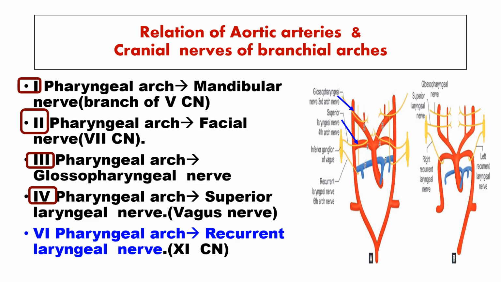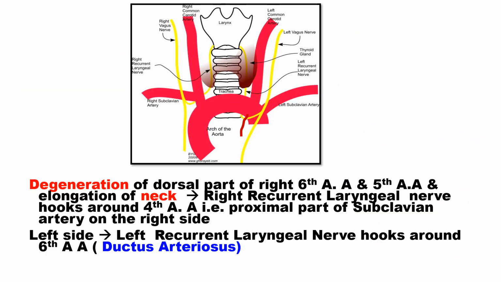There is a slight difference in the relation with the aortic arch artery on the right side and on the left side. This is mainly due to the important changes which occur in the aortic arch arteries: degeneration of the dorsal part of the right sixth aortic arch, complete degeneration of the fifth aortic arch artery, and elongation of the neck.